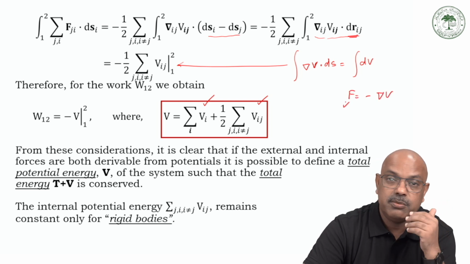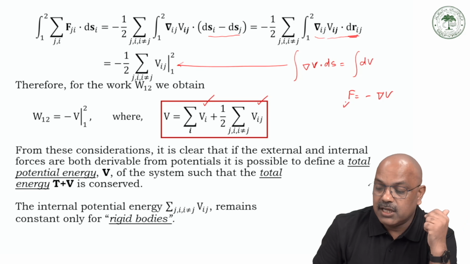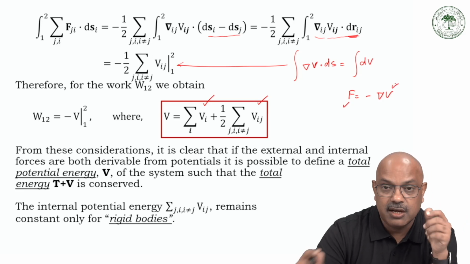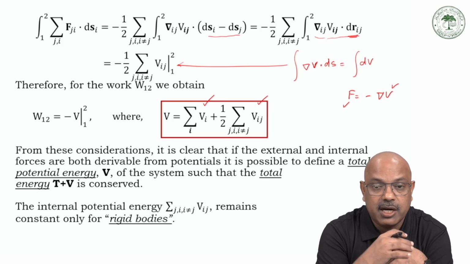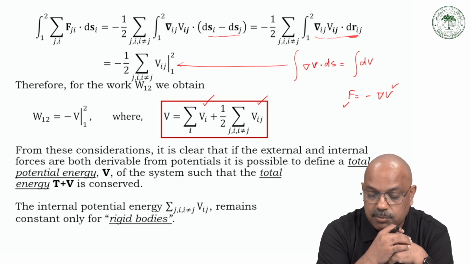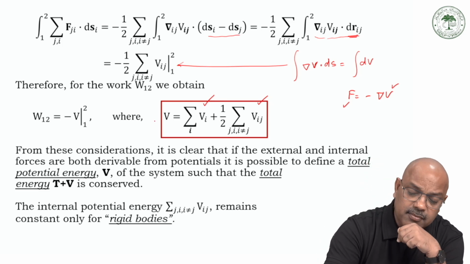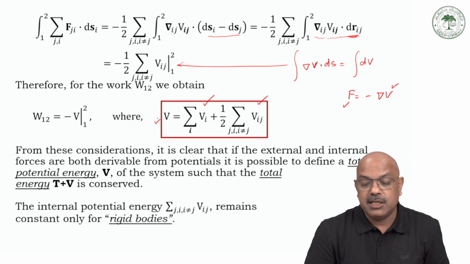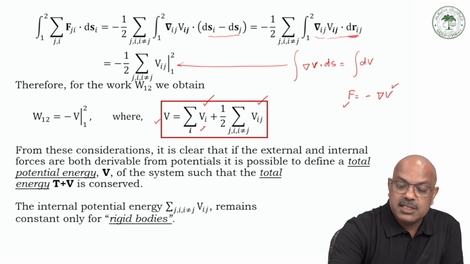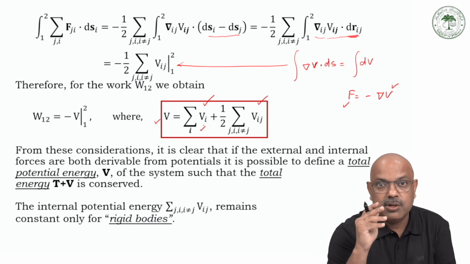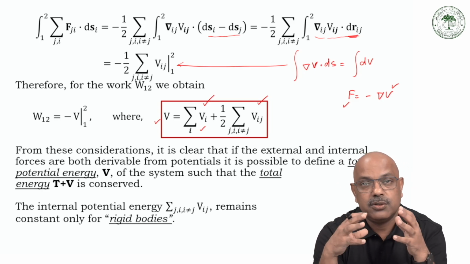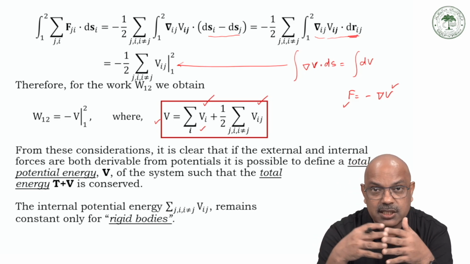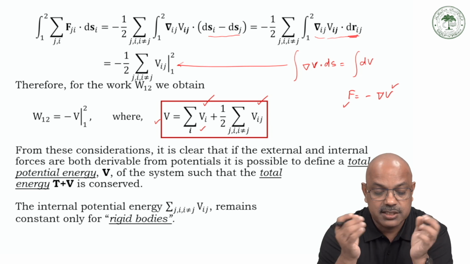Whether the force is effectively zero or not, the potential is there, acting between the two particles 1, 2 and all the constituent particles. So when we are dealing with the constituent particles, one part is the potential which corresponds to the external force, and the other is the potential corresponding to the internal interaction, the self interaction of the particles inside the system.